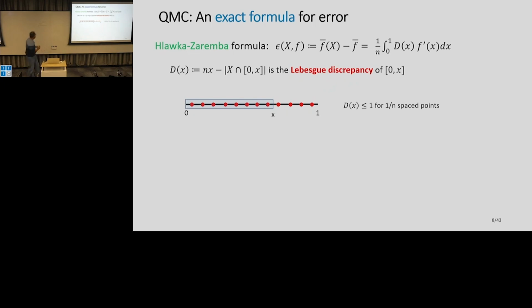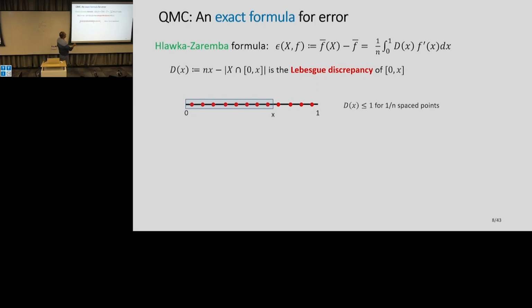And I'll denote capital X as the set of these endpoints where you're evaluating this. So it turns out no matter which set of endpoints you pick, you can get the exact formula. So this is an equality.